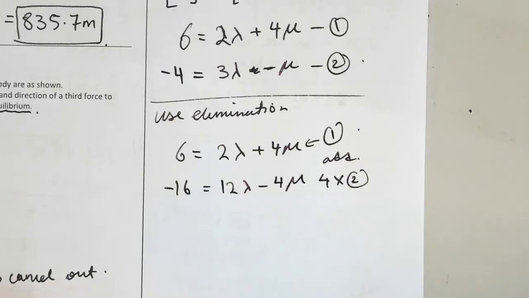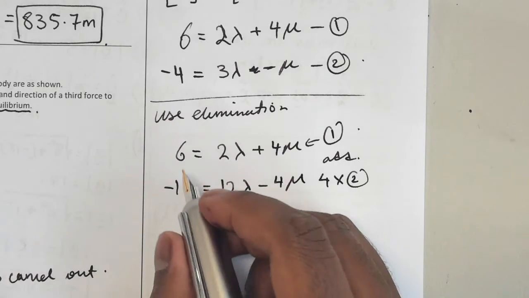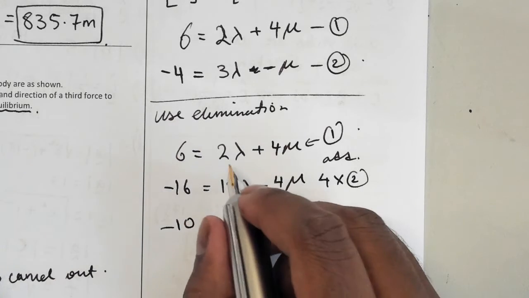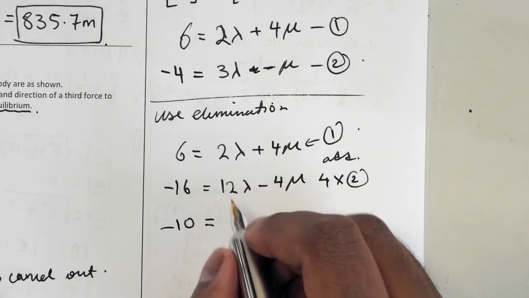And that's what I get. Now, do you see why I add them? Because 4 mu take 4 mu is 0, which we love. 6 add negative 16 is negative 10. 2 add 12 is 14.